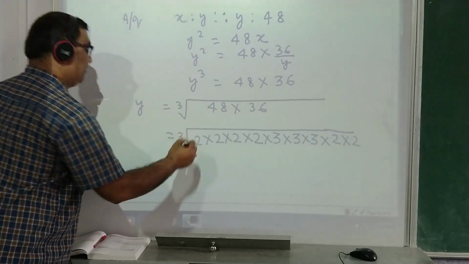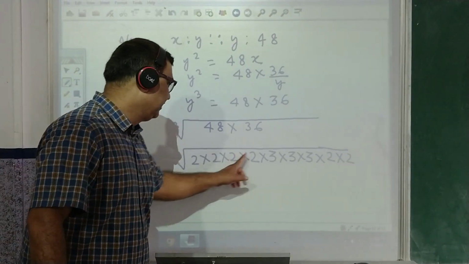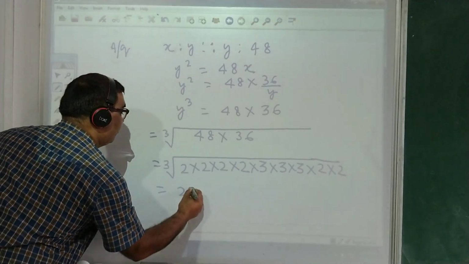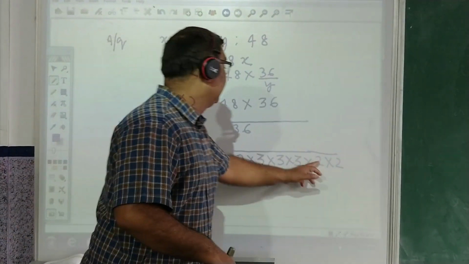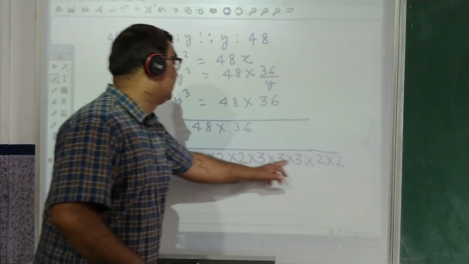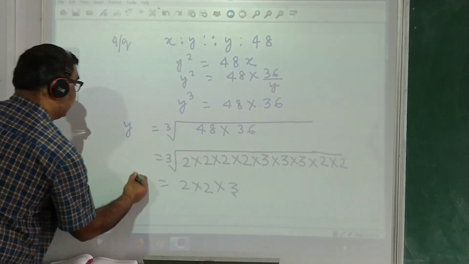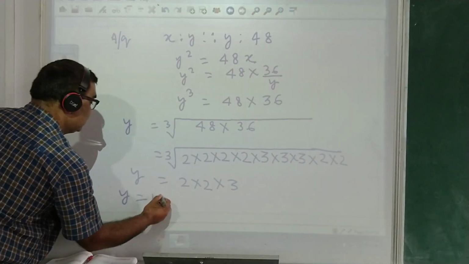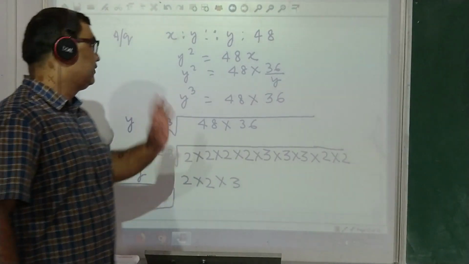Since we are going to find the cube root, we take triplets. 1, 2, 3, 4, 5, 6. For 2, one triplet, and for another triplet, 3. So can I say y is equal to 2 to the 4 into 3? 12. Y is known. Y is 12.